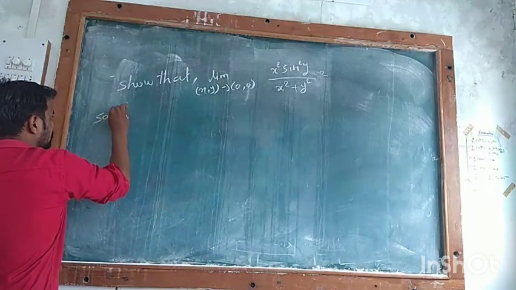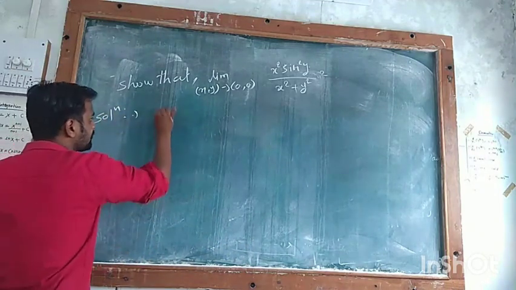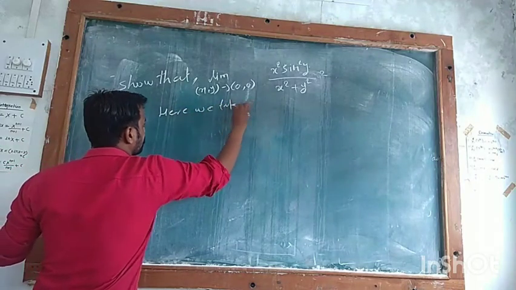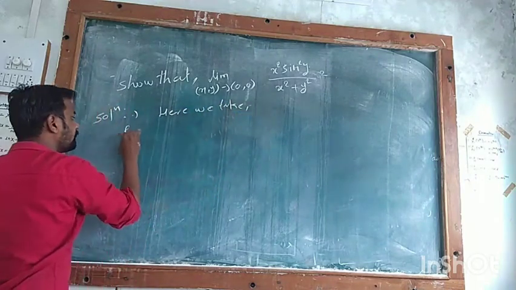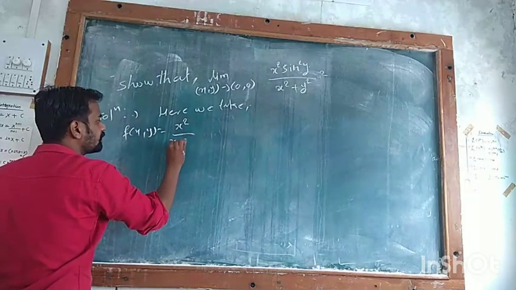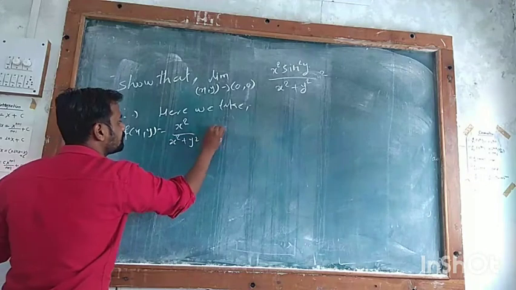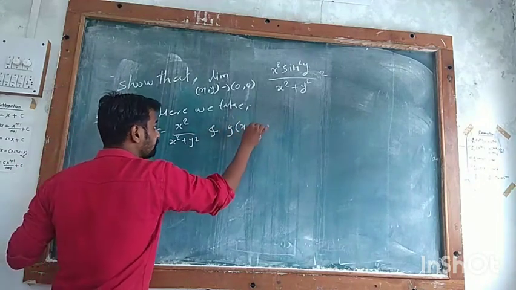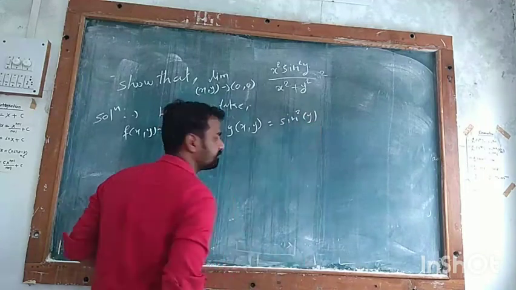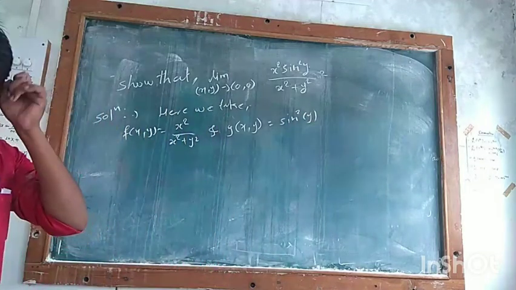Solution: here we take f of xy equal to x square upon x square plus y square, and g of xy equal to sine square of y.